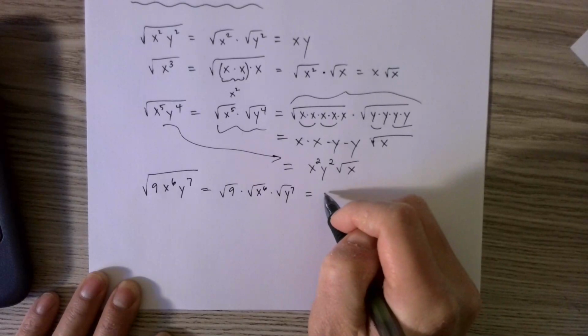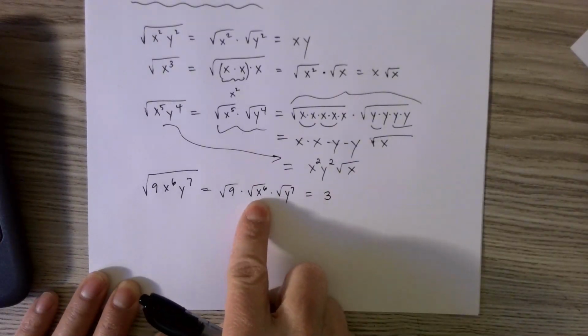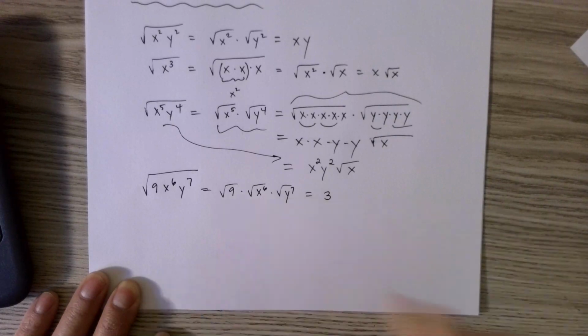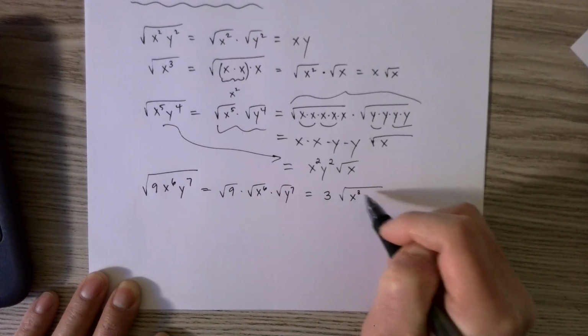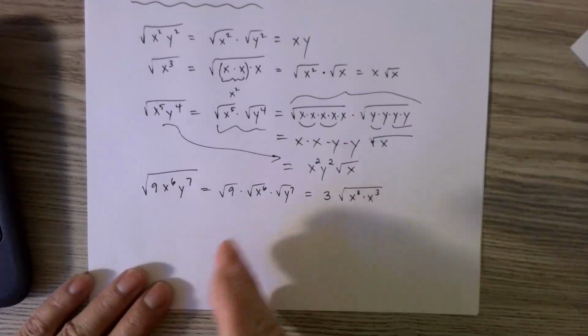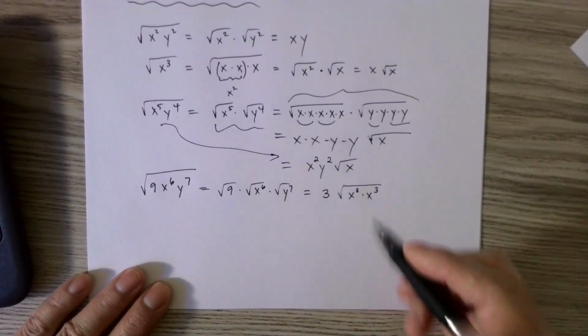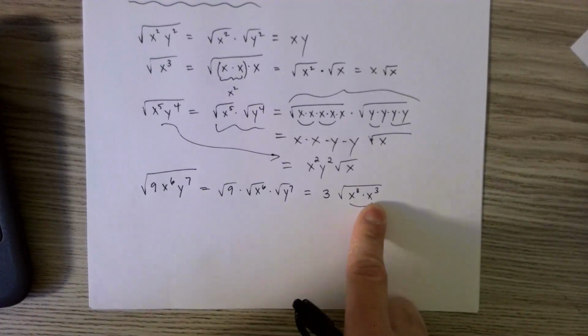Square root of 9 happens to be a nice number. It's 3. Square root of x to the 6th happens to be x to the 3rd times x to the 3rd. Why am I writing it like that instead of 6 x's in a row? Because I have a pair. I have a pair of x cubed, so 1 x cubed will come out.